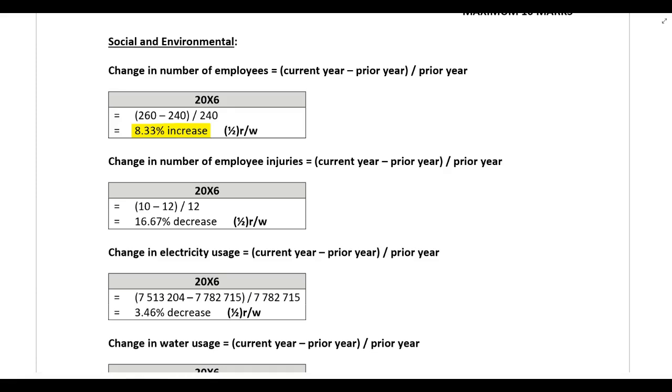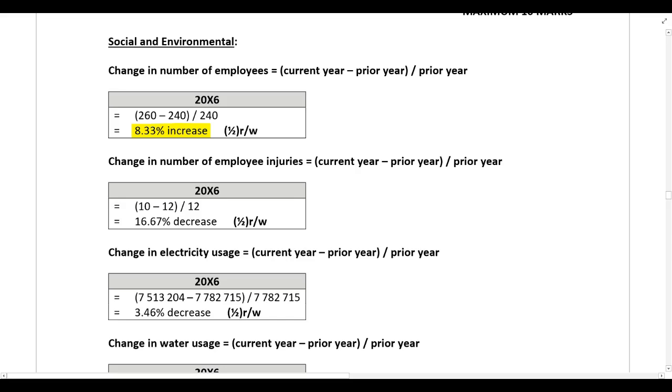So obviously, you can't interpret the ratio. It's self-explanatory. Let's compare this to a benchmark, making sure that we use the correct terminology. If there's been an increase in the number of employees, that obviously indicates positive performance because it means that the company is helping with unemployment rates in the country.